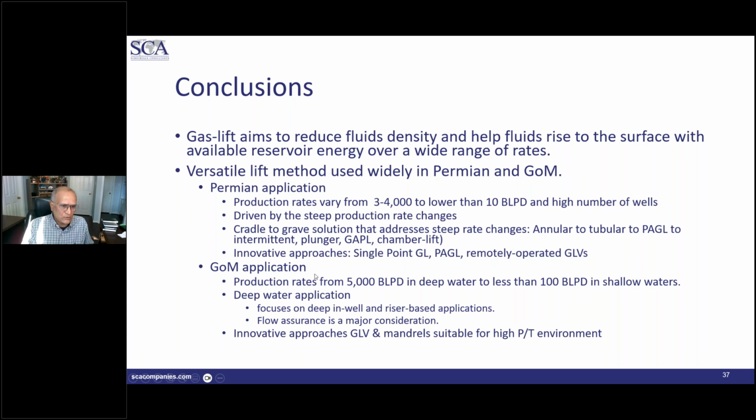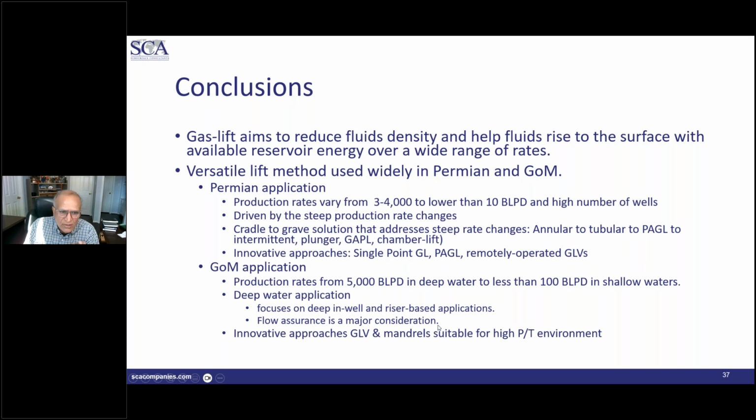Coming to the Gulf of Mexico, we have production rates from 5,000 in deep water to less than 100 barrels. Actually, some wells have more than 5,000 barrels of liquid, as I was examining some of the production rate data. It's typically a deep water application, even though in the Gulf of Mexico we also have shallow water applications. There are many, many wells on gas lift in shallow waters as well, and in many ways it is not much different from the onshore application, though it has some specifics that need to be paid attention to.